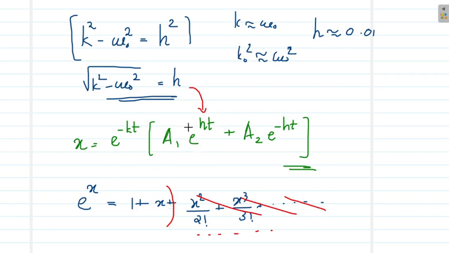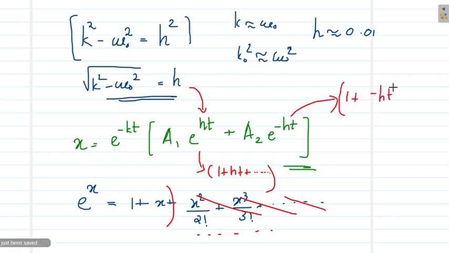So here, instead of e raised to ht, since h is very small, we can make an approximation like 1 plus ht plus the rest of the terms. And here, instead of e raised to minus ht, you can make an approximation of 1 minus ht plus the rest of the terms. Here, minus ht is the factor in the exponential function.